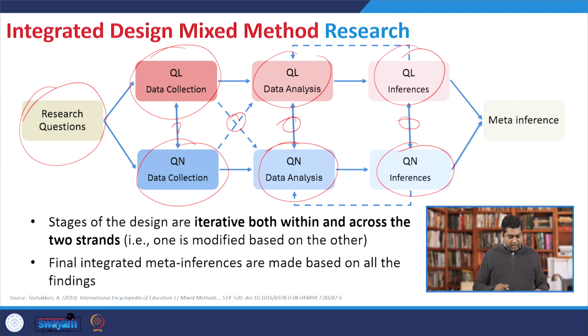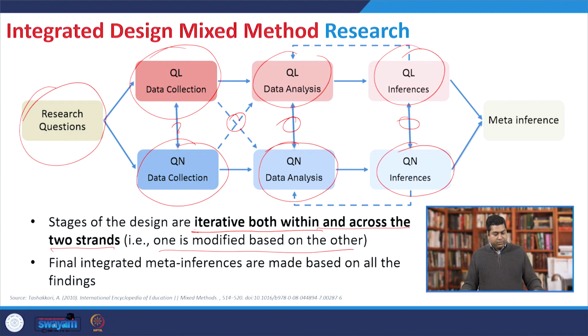The stages of design are iterative, and this is happening both within and across the two strands, which is the qualitative part and the quantitative part, and then one is modified based on the other in all these stages.